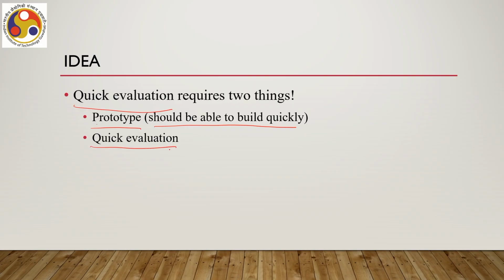So, both are important. One is to be able to quickly model or demonstrate our idea through a prototype, which in turn implies that we should be able to build the prototype quickly, and second is evaluation, we should be able to test our prototype quickly. So, both are equally important when we are looking for a quick design prototype evaluate cycle execution.